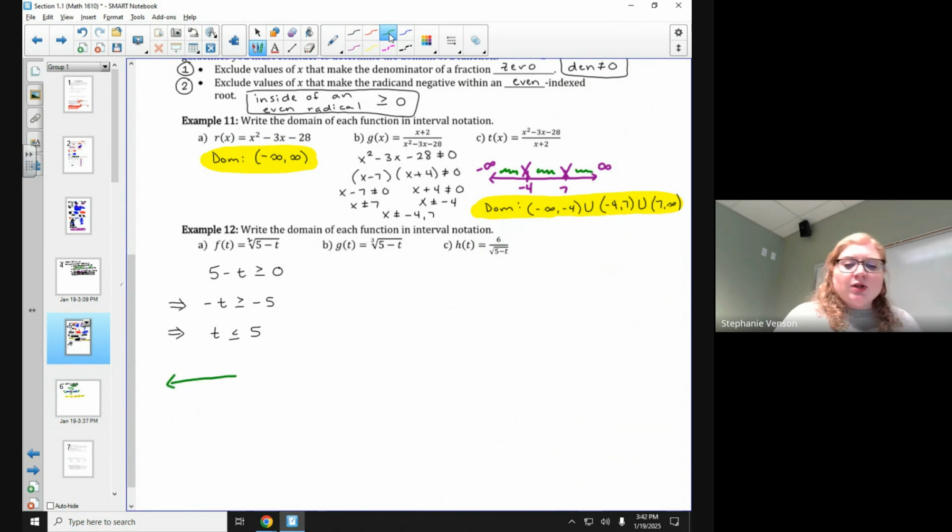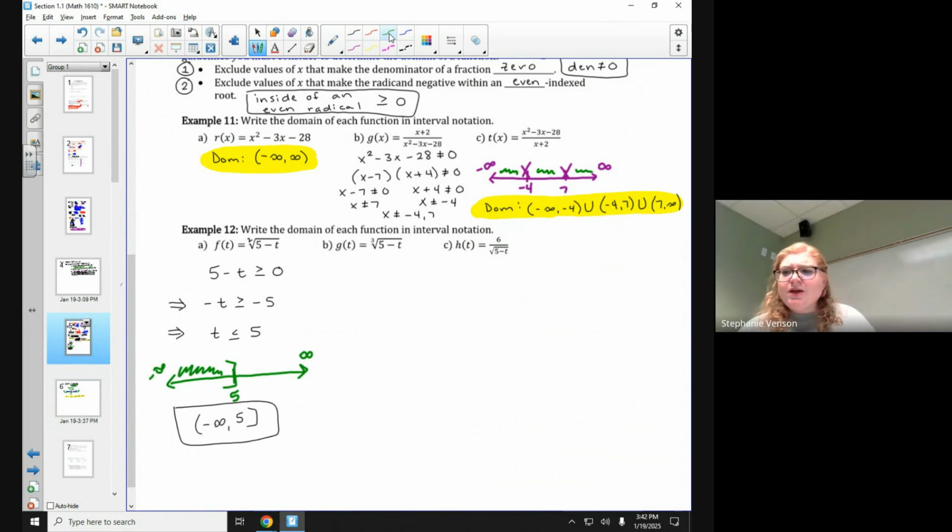So picturing a number line again, if this is a 5, we know that our domain has to be less than or equal to 5. So it's anything over here. Now, because it's less than or equal to, we're going to do a bracket. Remember, this is negative infinity and positive infinity. We would say negative infinity to 5.